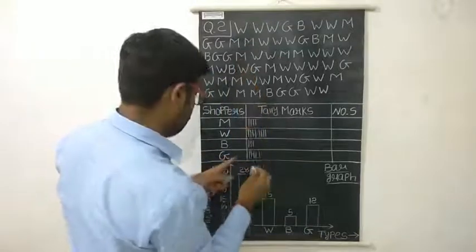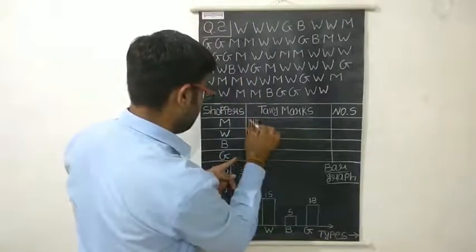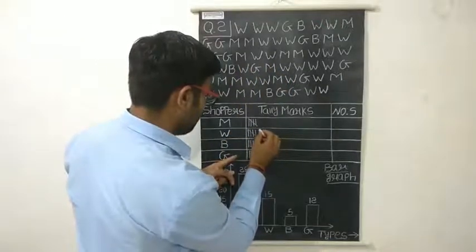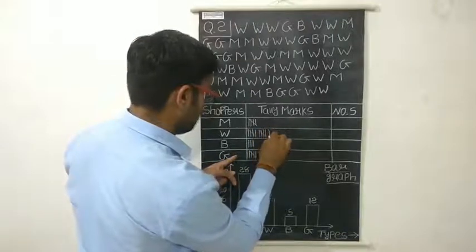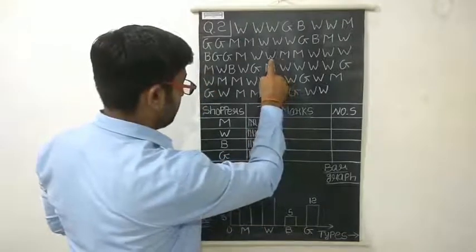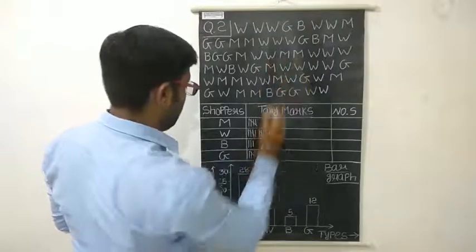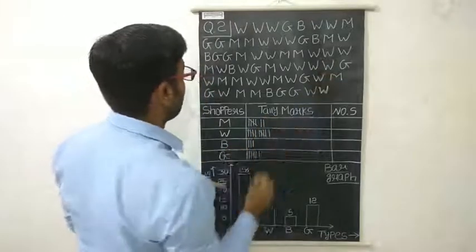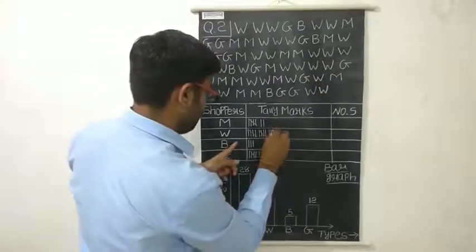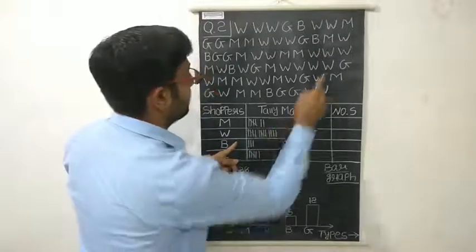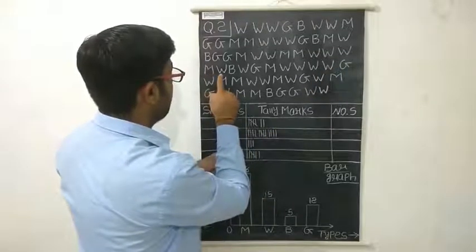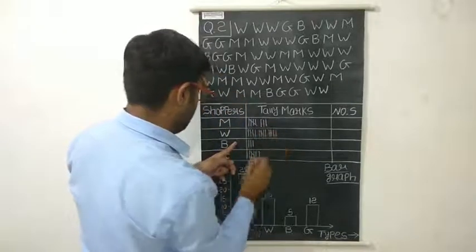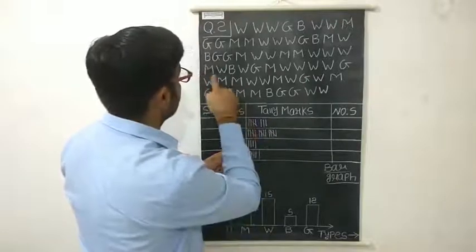Now man, so here also it is completed. Then two women. Then two men, again two men here. And three women: one, two and three. Now man, woman and boy.